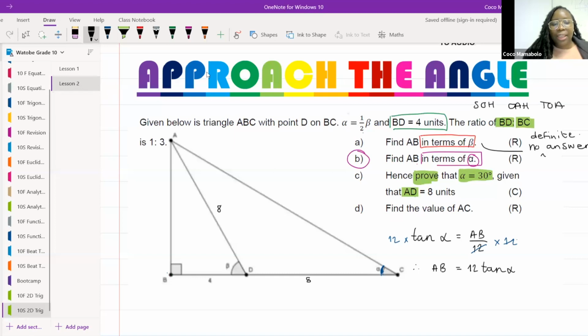Now, can we automatically use alpha is equal to 30 degrees? Can we use it? Yes or no? I see many people saying yes. I see other people saying no. Yes or no? Those of you who say yes, tell me why. Those of you who say no, tell me why.